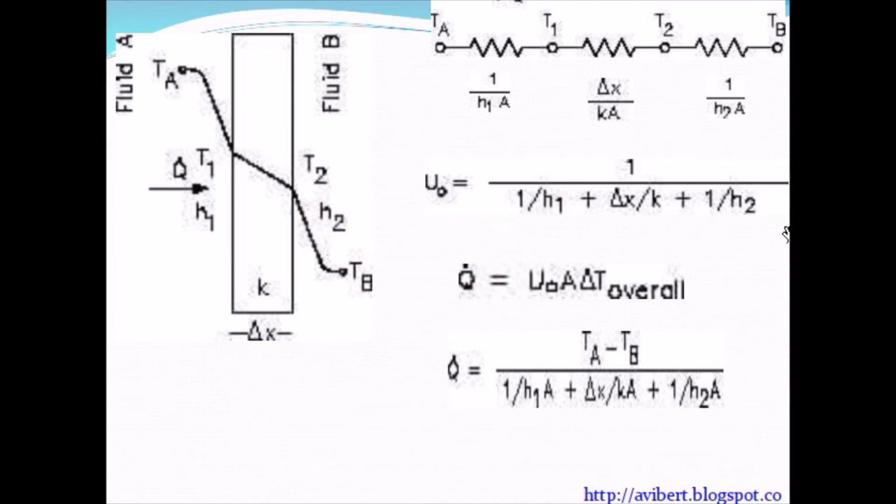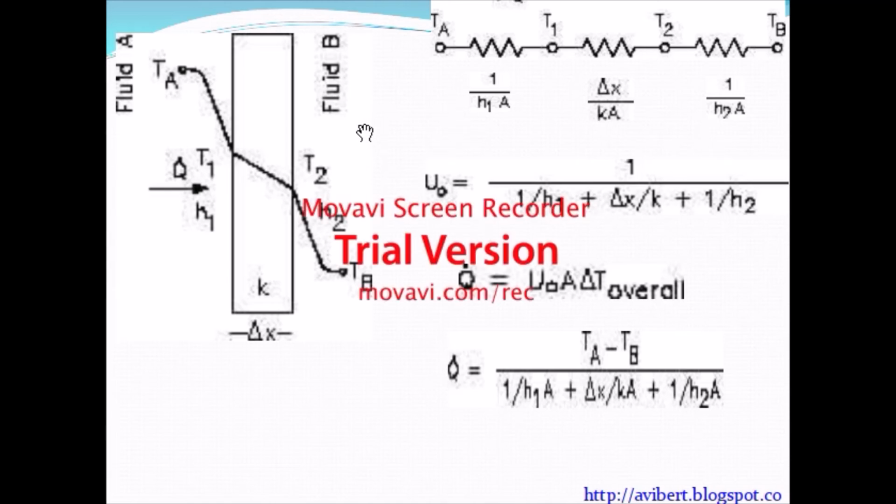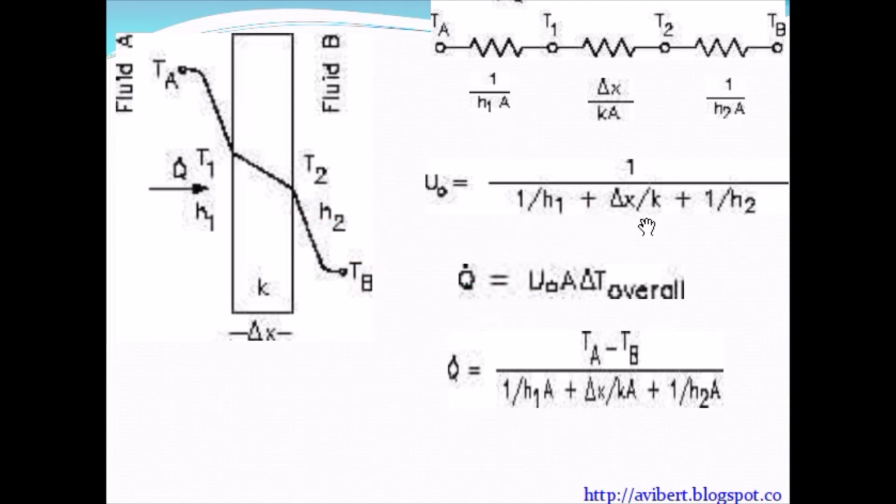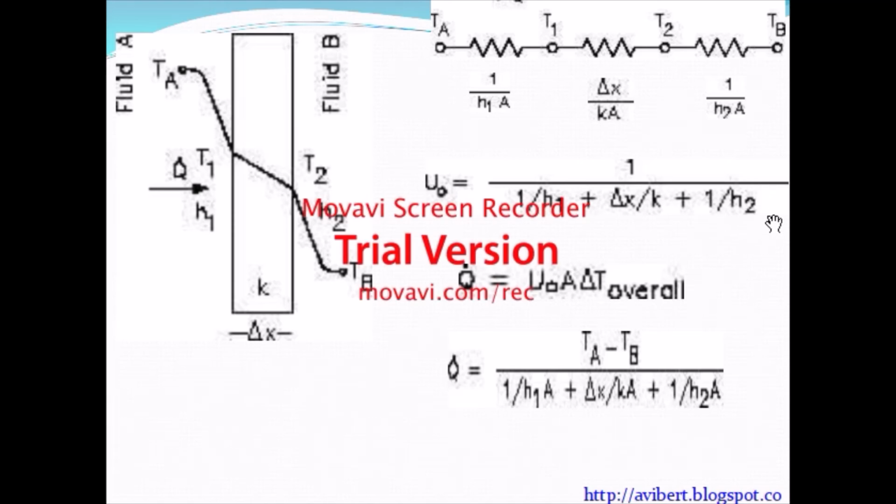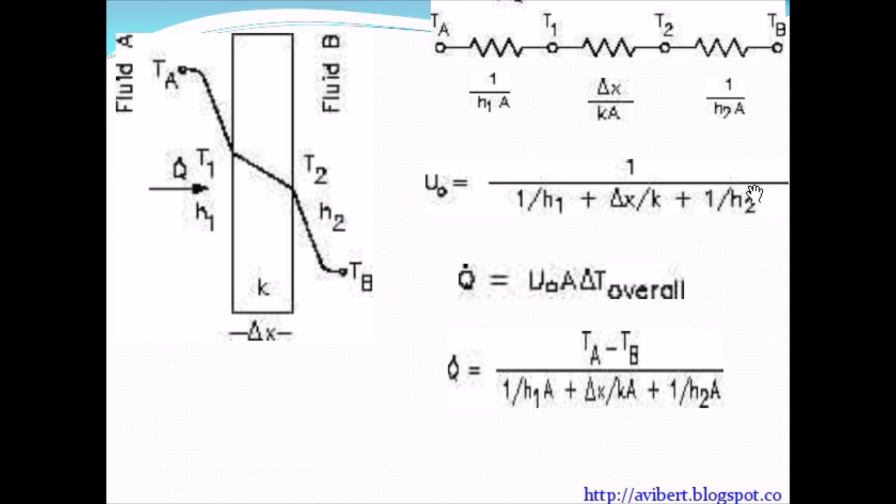So the heat transfer formula comes from the heat transfer concept, where U is the thermal coefficient. We can calculate it as 1 over (1/h1 plus delta x/k plus 1/h2). k is the thermal conductivity, and h2 is the condition outside of the piping system. h1 is inside the tube system, and this one is outside the tube system.